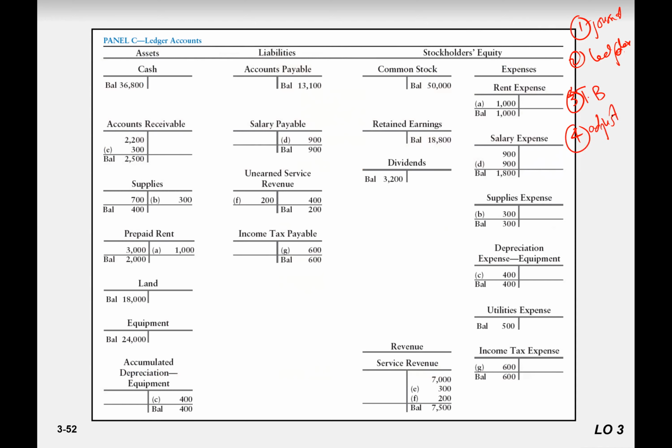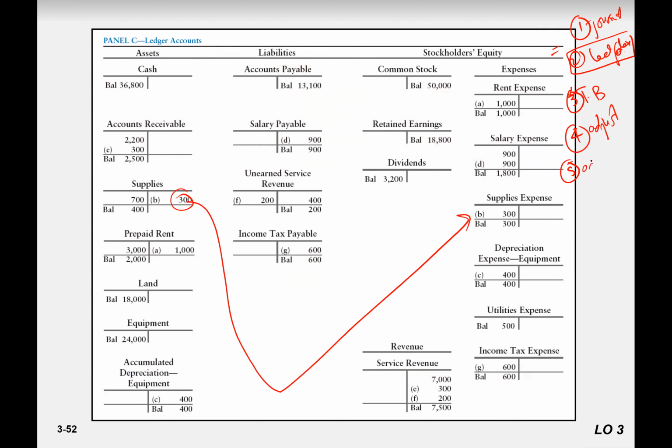It means the balancing of ledgers is not 100% completed in step 2. Why? Because there are some supplies that are consumed and need to be adjusted for. It means we will be creating some expenses as well. So here we make adjusting entries, and then we make the adjusted trial balance.